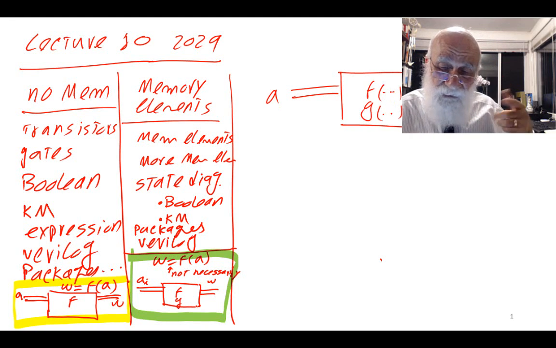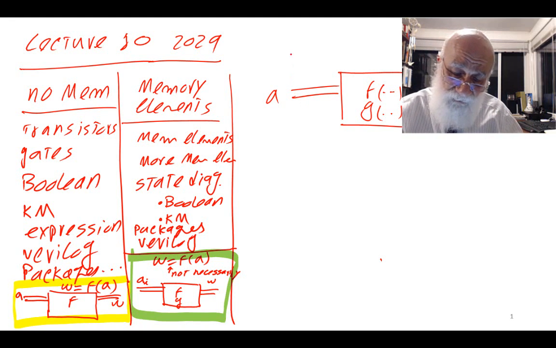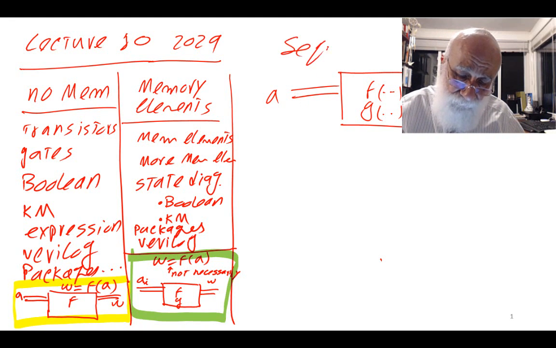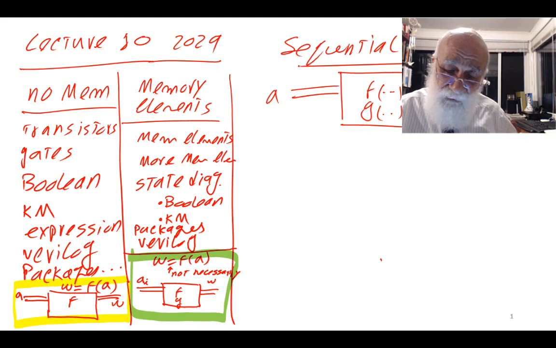Alright, so this is how I think about this sequential circuit. I say that actually it's not all that bad.